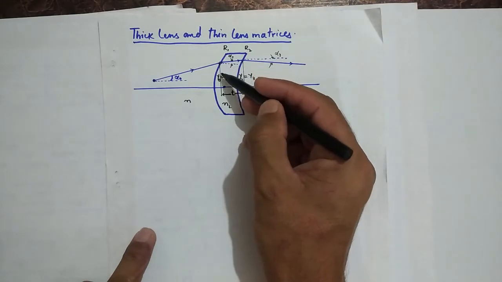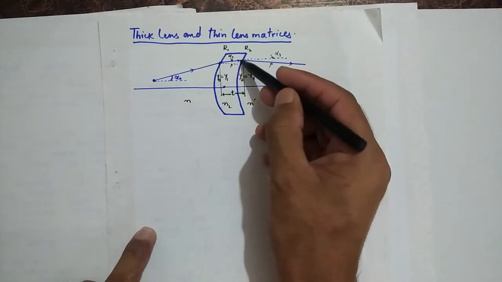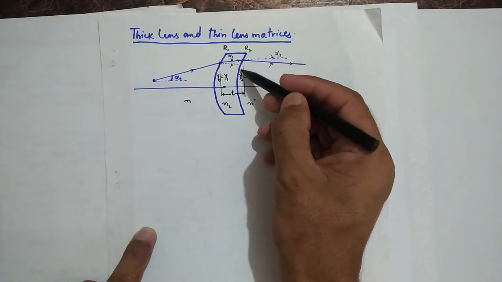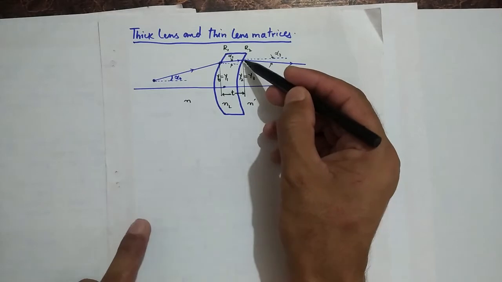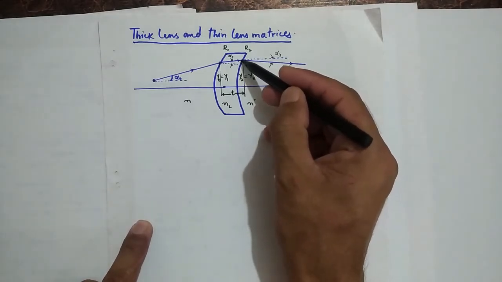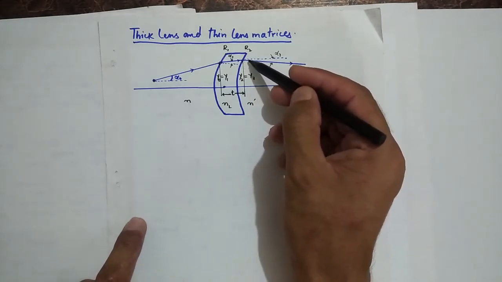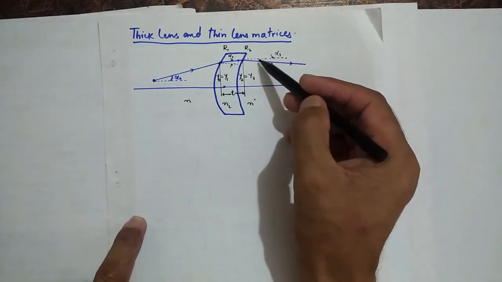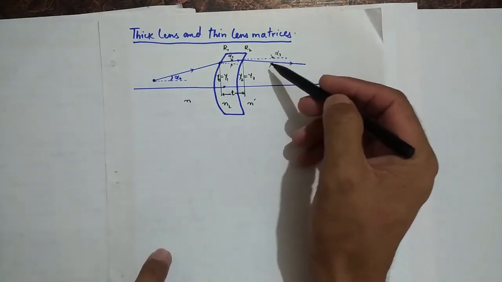Here the height of the ray was y1 and it was equal to y0, but when it reaches this point the height of the ray becomes y2, and at the back interface when the light ray again refracts, the height of the ray doesn't change, while again only the angle changes. So the angle of the emergent ray with the optical axis here is alpha 3.